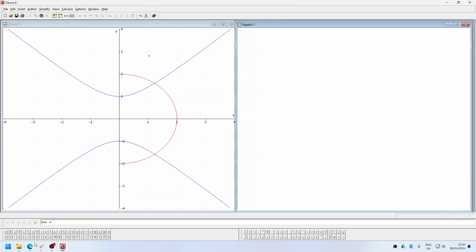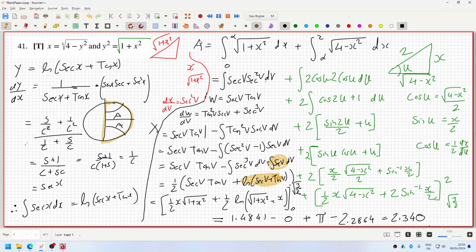Okay, let's check now if this one is right. Square root 4 minus x squared, alpha to 2.